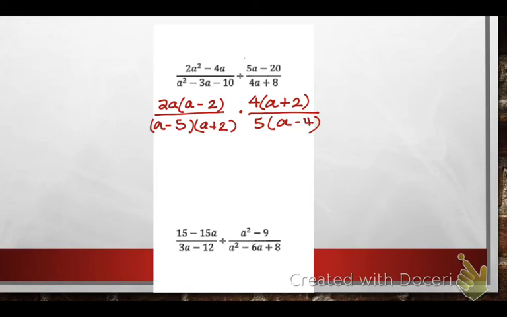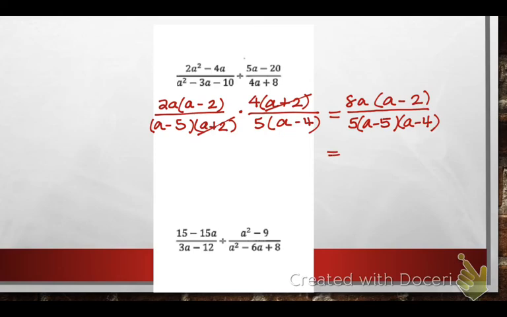And now it's multiplication. So we just have to look and see what we can cancel top and bottom. What factors do they have in common? That's going to be it. So we would have an 8a, because we're going to multiply it by that 4 that's still there, and then a minus 2 over 5 times a minus 5 times a minus 4.